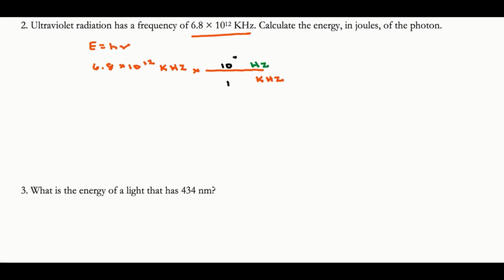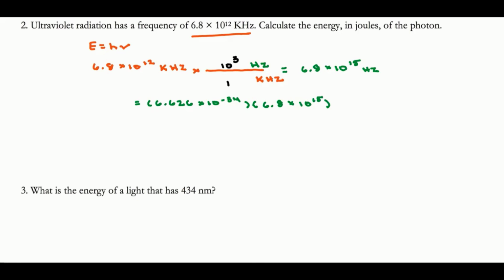So when you solve this, you get 6.8 times 10. Remember, 10 to the 12th times 10 to the 3rd, you add your exponents, so 10 to the 15th hertz. Now I can plug into my formula, because my energy equals Planck's constant times frequency, and now my frequency is in hertz, which it needs to be. So now I can just multiply my frequency by Planck's constant.